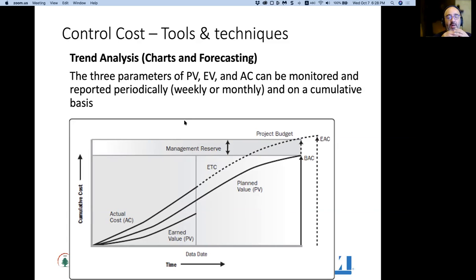As we progress, رح يطلع لنا a better representation of the estimate to complete and the budget at completion and the new estimate at completion. What can you tell me from this graph? إذا أنا I'm presenting this to the steering committee, to the change control board, بدي أطلب منهم change. Okay? كيف بفسر لهم هالجراف؟ Who can interpret this graph?